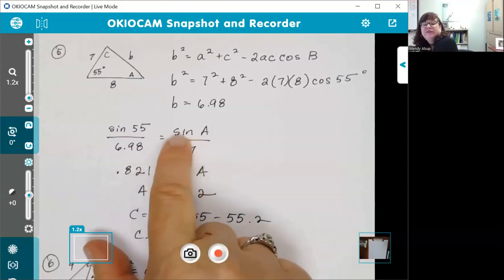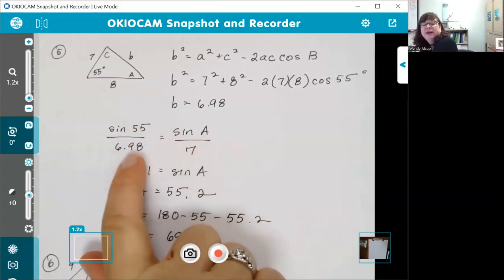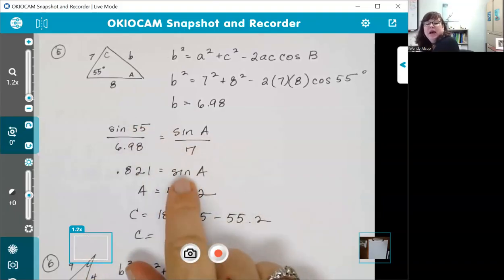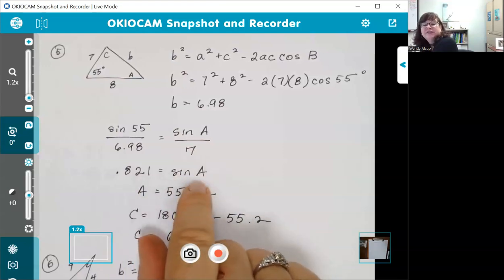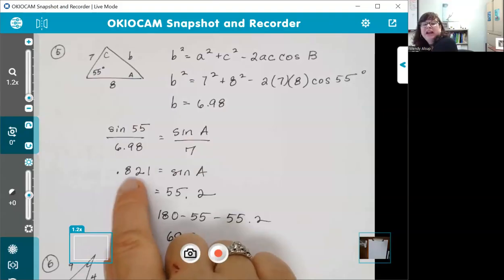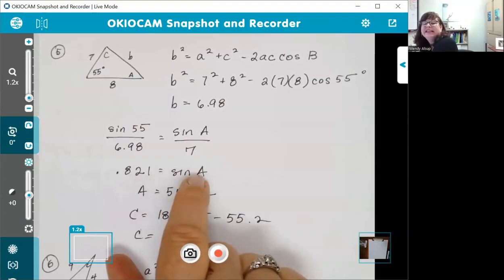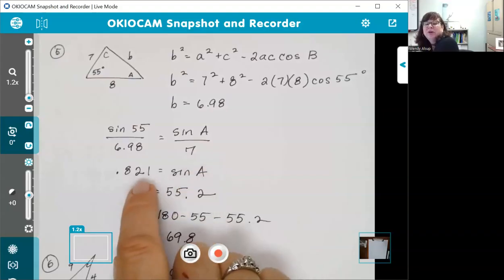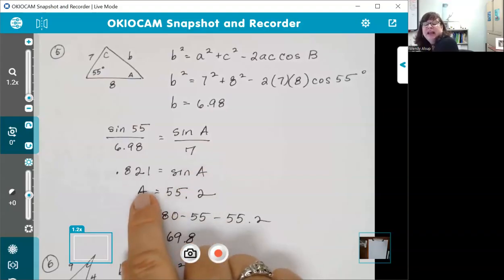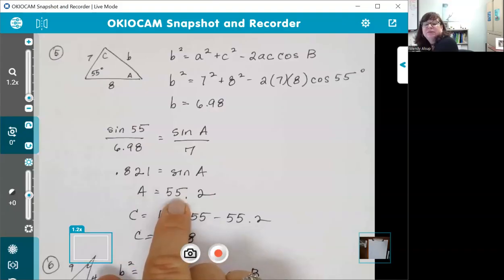That'll equal the sine of A. But I need A, not the sine of A, so I need to inverse sine this. So I took the inverse sine of 0.821 and that gave me the angle A. My A came out to be 55.2.